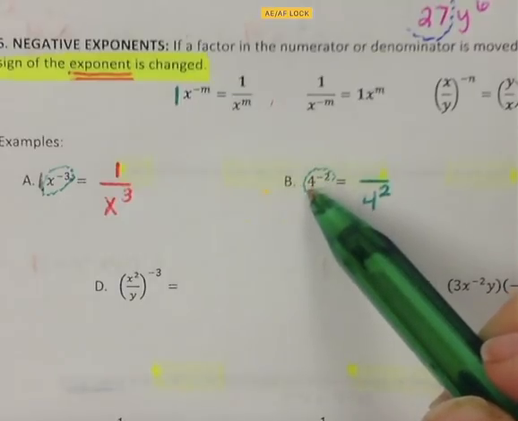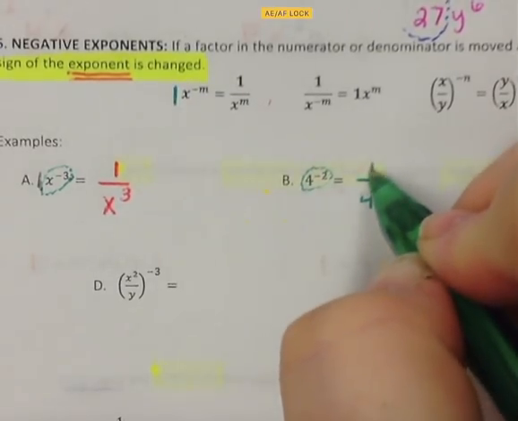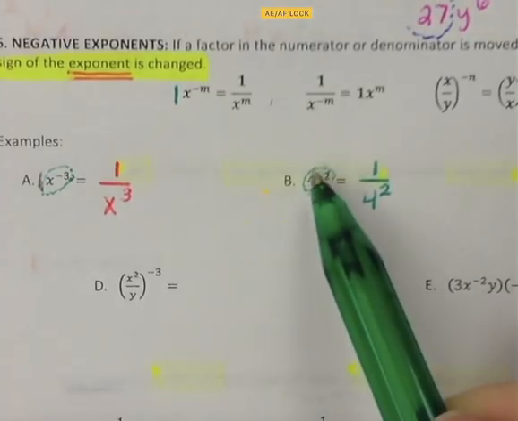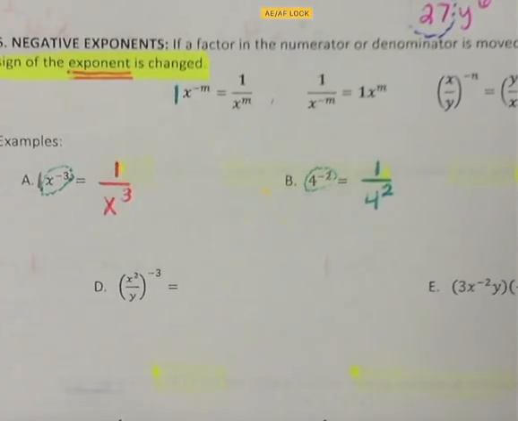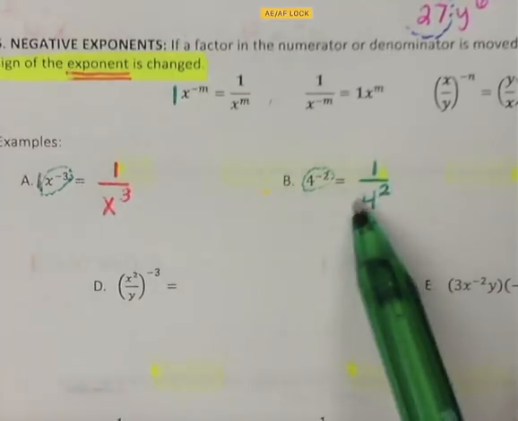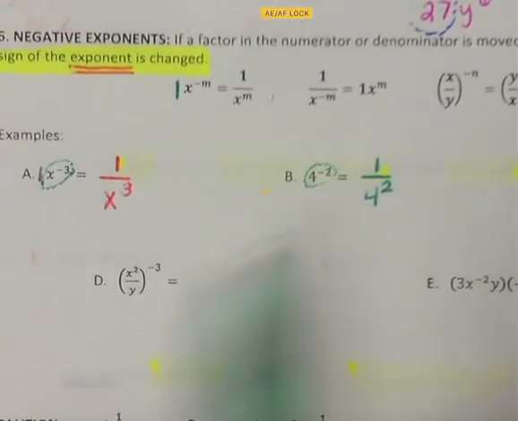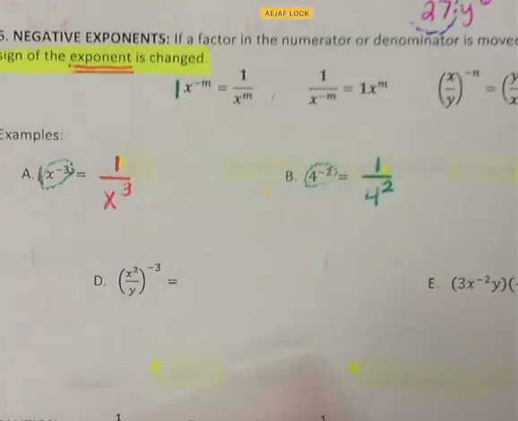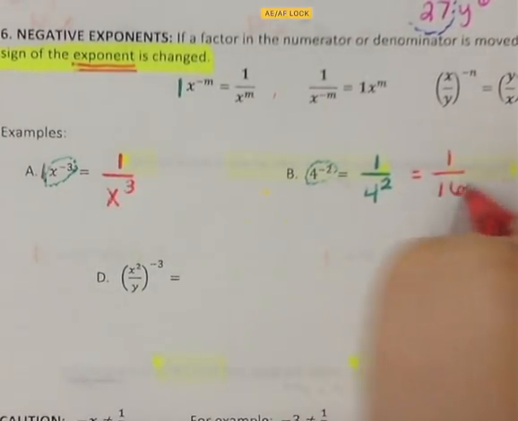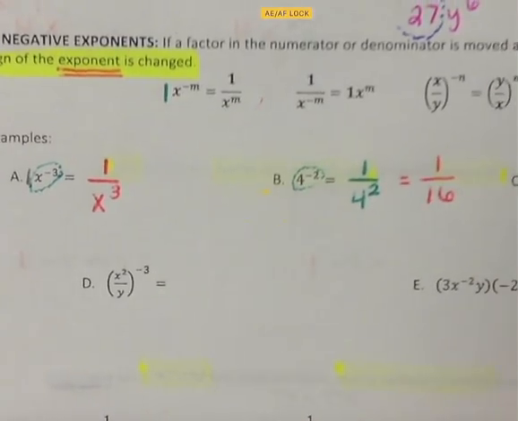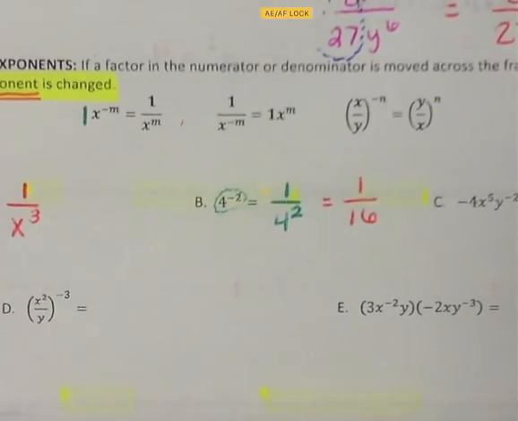So that really means we have a 1 in the numerator. If every single thing in the problem is moved to the denominator, a 1 is in the numerator because everything is multiplied by 1. Now again, we have 4 squared, so that means we can simplify that. 4 squared is 16, so this is really equal to 1 over 16. And that's as simplified as that can go.